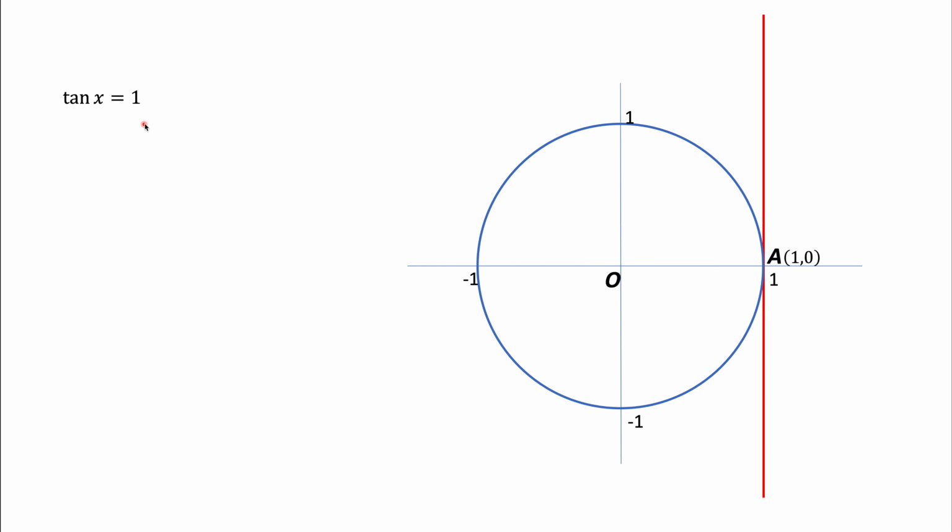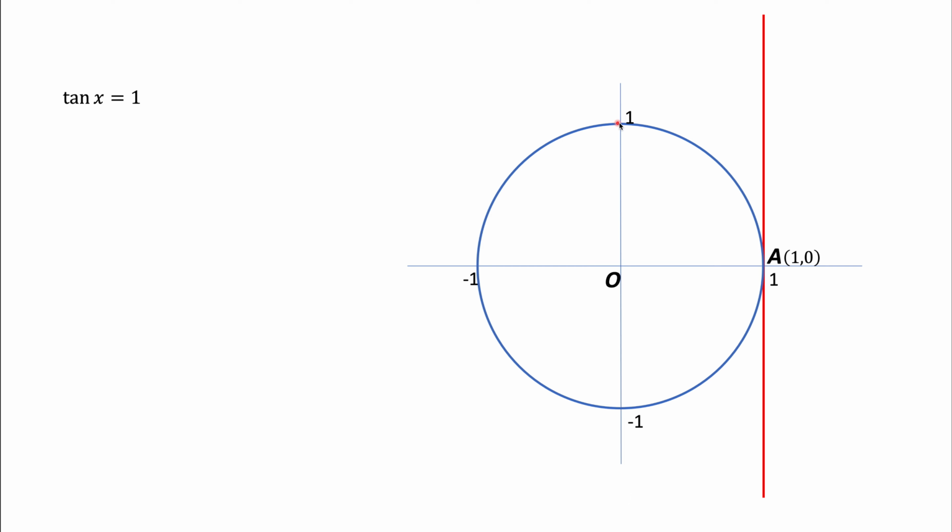All right. This is the simplest problem, tangent x equal to 1. So how do we solve it? Again, we get our unit circle, we get our vertical tangent axis, and we find a point on this axis where the coordinate equals 1. It's going to be somewhere here.